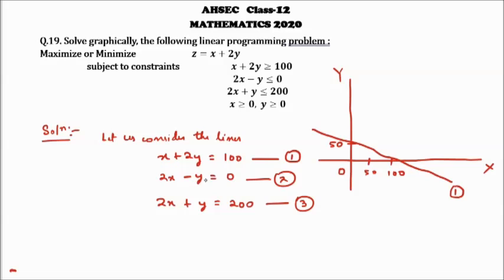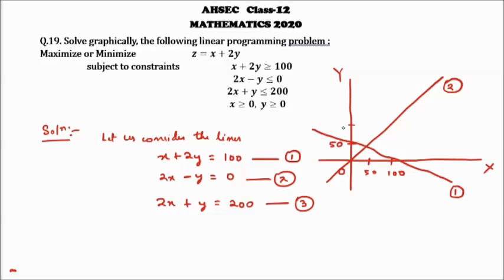Next, this is nothing but y equal to twice x line. So I can draw this line something like this. This will be the line passing through origin. This is my line number 2. The third line I can draw: if I put x is equal to 0, I get y as 200.